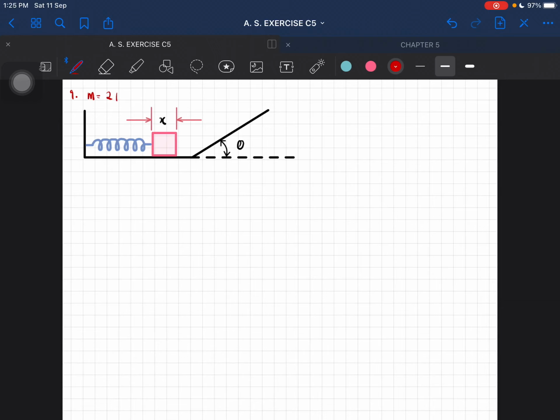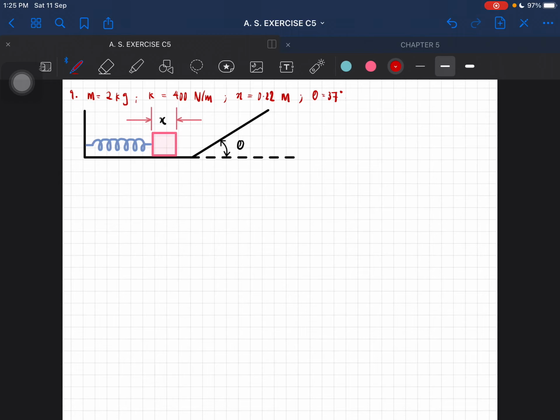The mass is 2 kilogram, the spring constant is 400 Newton per meter, the delta x, the amount of compression, is 0.22 meter, and the angle is 37 degrees. Now we are going to use conservation of energy.